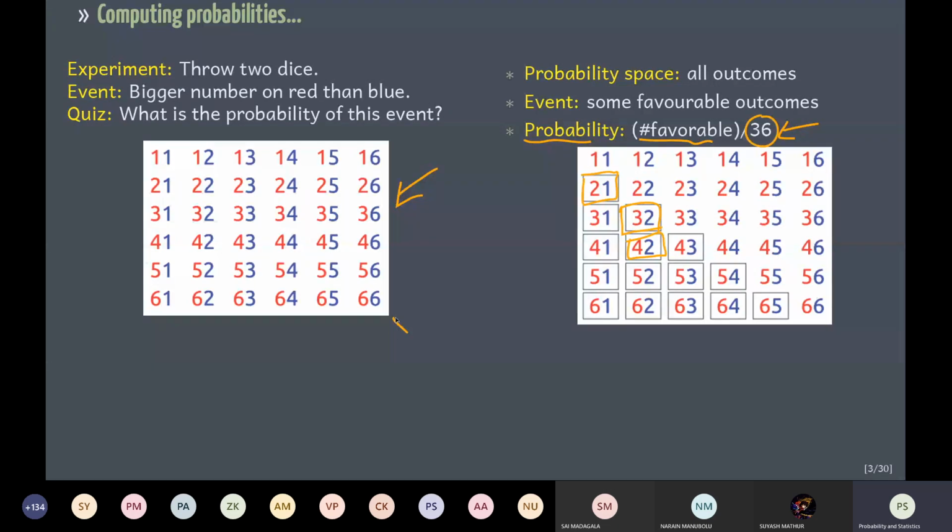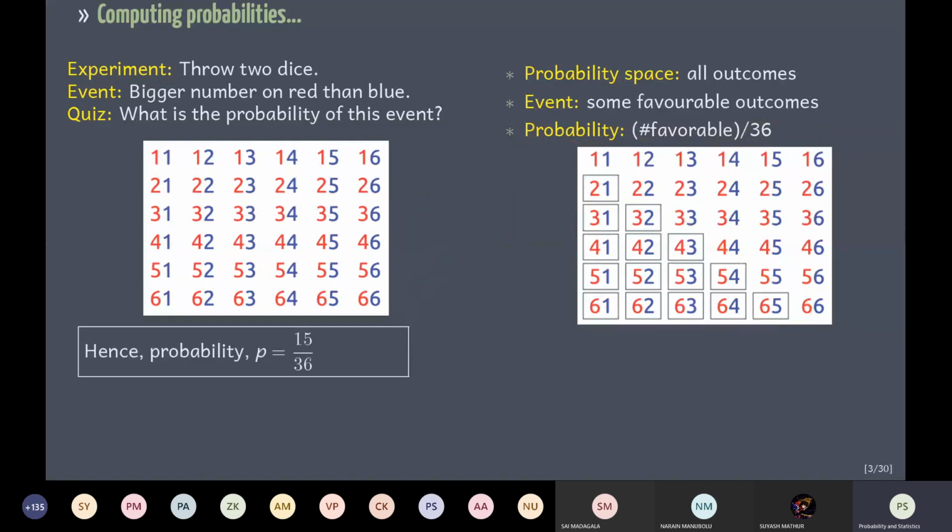Total number of outcomes is 6 times 6, which is 36. Then we count the cases where the number on the red die is bigger than the number on the blue die, and this comes out to be, I believe, 15. So hence the probability will be 15 over 36.